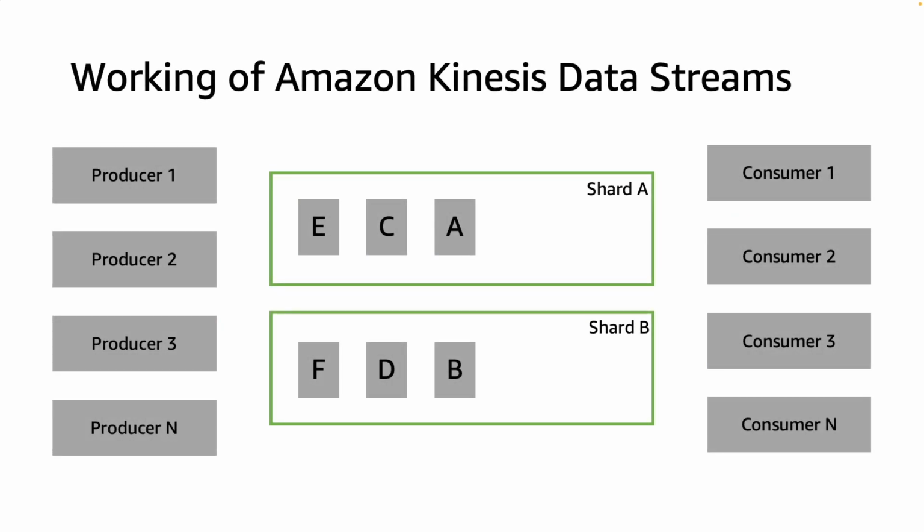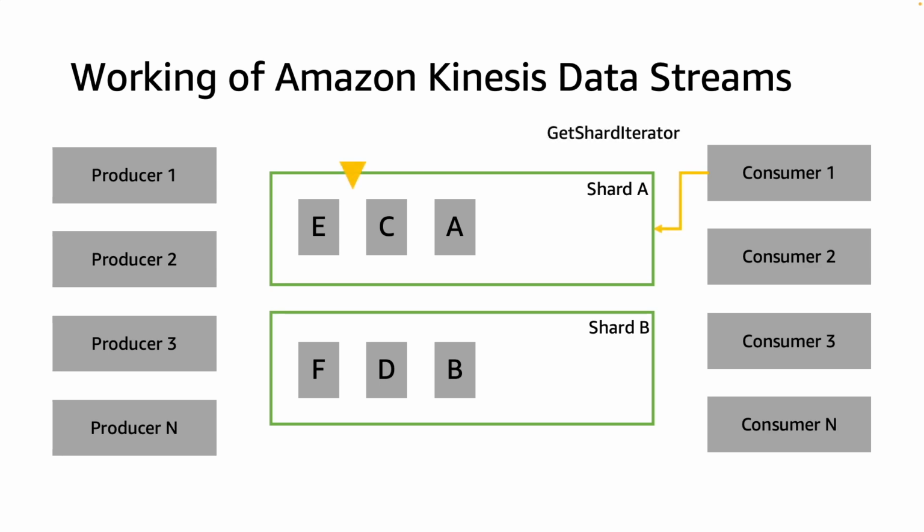Now let's take a look at the working of the Kinesis data stream. Similar to the queue, we have producers, we have consumers, and we have shard A, shard B. They're very similar to queue. As of now, we are starting with a snapshot having 3 messages in shard A, 3 messages in shard B. Let's say consumer 1 wants to consume the message.